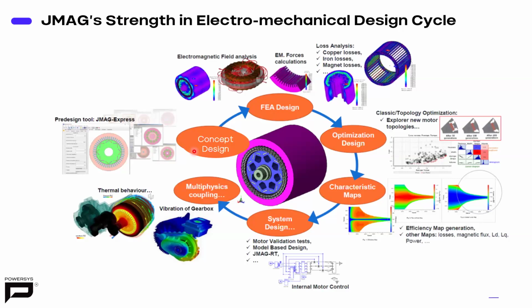The model from JMAG Express can also be directly imported into JMAG Designer, which is a finite element analysis tool, in which all the mesh analysis and multiphysics like thermal and structural analysis can be done. All the EM force calculations and loss analysis like copper loss, iron loss, magnet loss, hysteresis, eddy current, all those losses can be viewed in JMAG Designer.